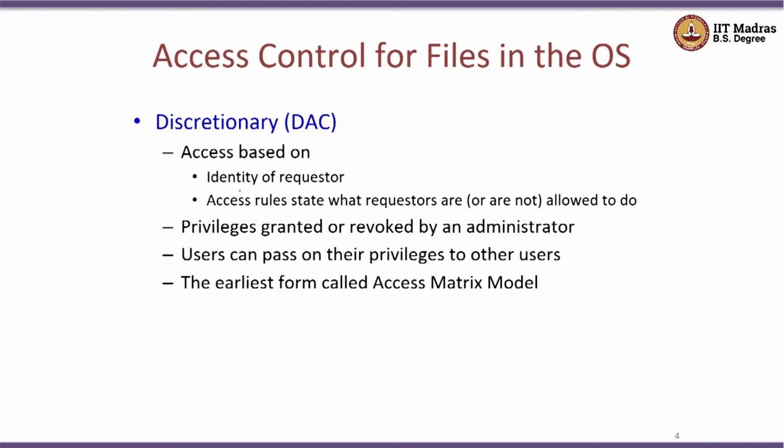And the second point is that these sets of rules define what a user can do on a particular object, or in other words, what a subject can do on a particular object, right?